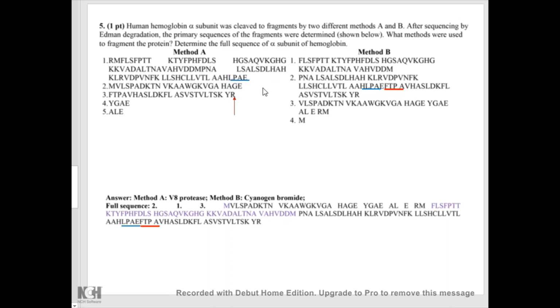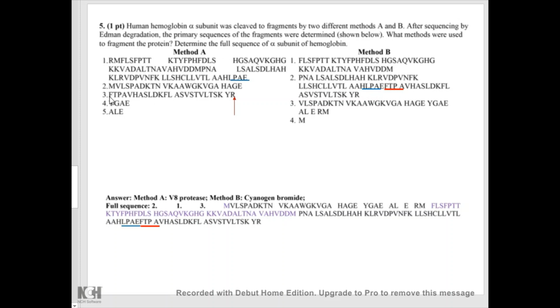And if you take a look, you will find the only one unique place where you find this sequence, LPAE, and you see it's followed by FTPA, right? So when you used the V8 protease, it obviously cleaved here, right? So there should be in method A a peptide that starts with FTPA.